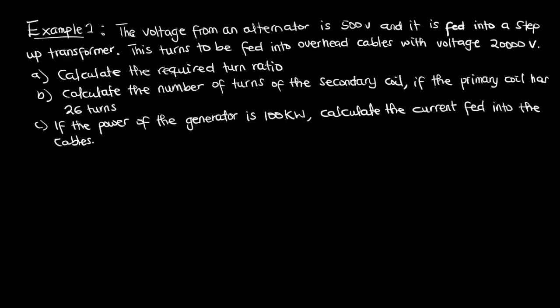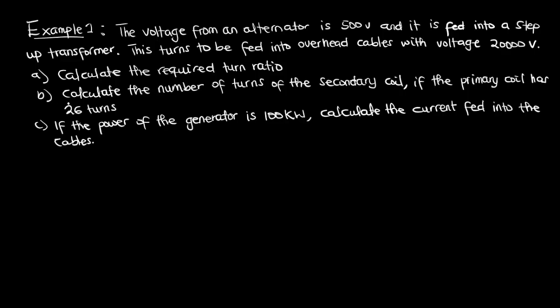Let's look at it. The voltage from an alternator is 500 volts and it is fed into a step up transformer. Now this tends to be fed into overhead cables with voltage of 20,000 volts. A, we are to calculate the required turn ratio.